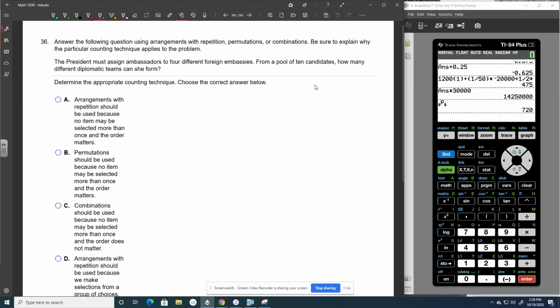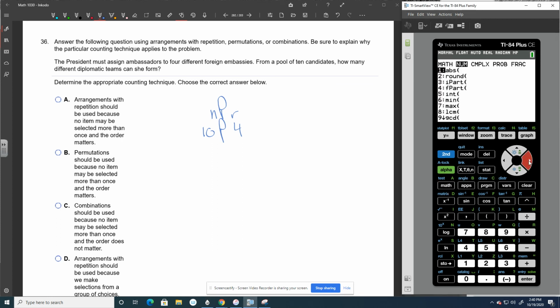Because they're going to get sent to 4 different embassies. So order matters because embassy 1, embassy 2, embassy 3, embassy 4 are different. I'm going to choose from 10 candidates, choosing 4.